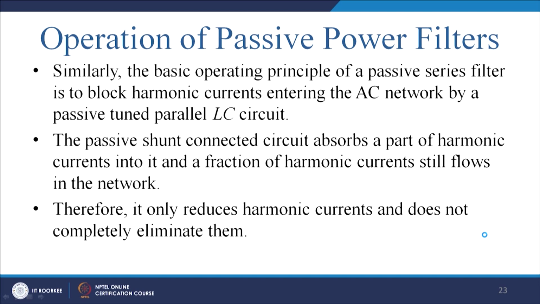So, similarly, the basic operating principle of the passive filter is to block harmonic current entering the AC network by a passive tuned parallel LC filter. The passive shunt connected circuit absorbs a part of the harmonic current, and a fraction of the harmonic current still flows into the network.